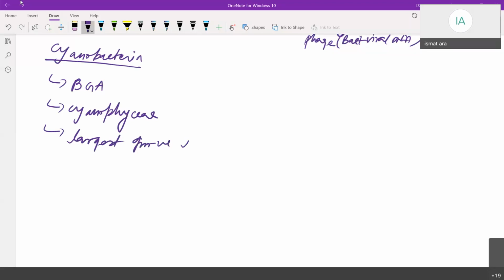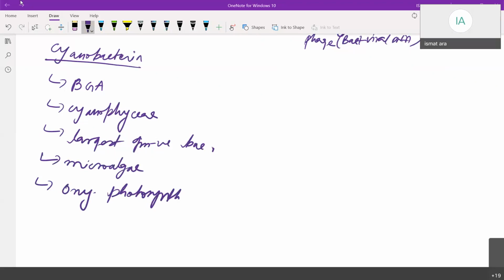They are microalgae, smaller in size, and they are oxygenic photosynthetic bacteria. Oxygenic means they will release oxygen upon photosynthesis.